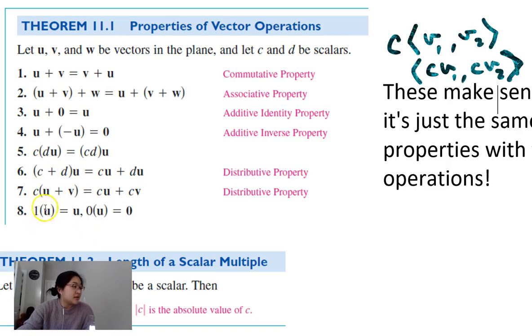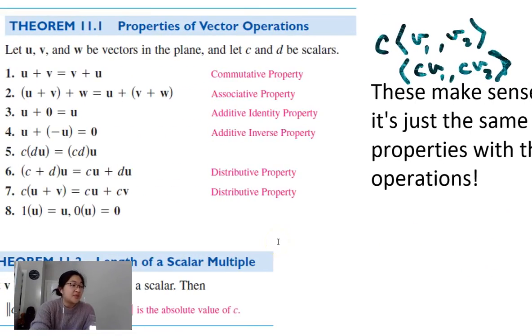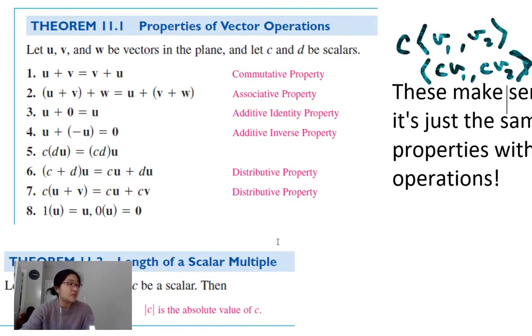And our identity property, where we're multiplying by our scalar of 1, doesn't change our vector, and multiplying by 0 as our scalar gives us our 0 vector. That also makes sense, right? It's the product property. And these just make sense because we're looking at the same properties with the same operations that we've been working with this whole time.